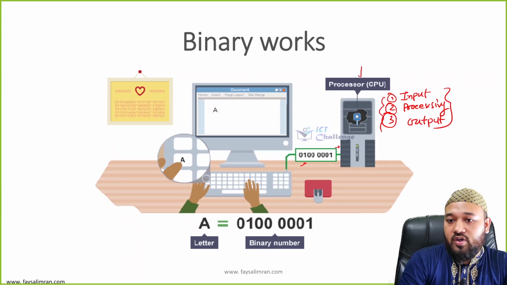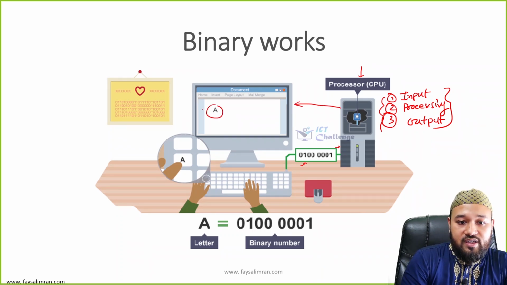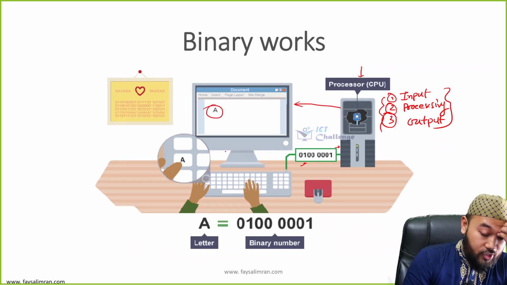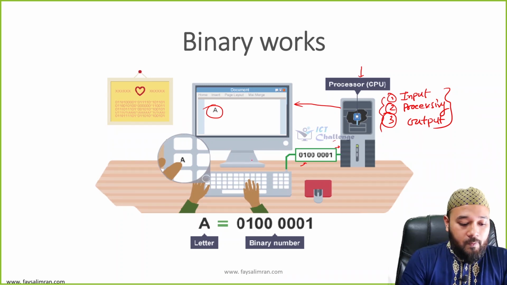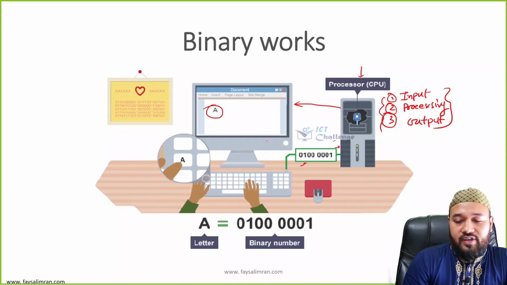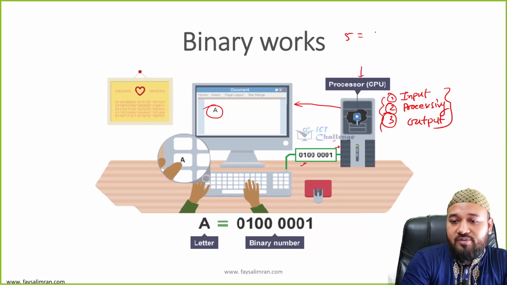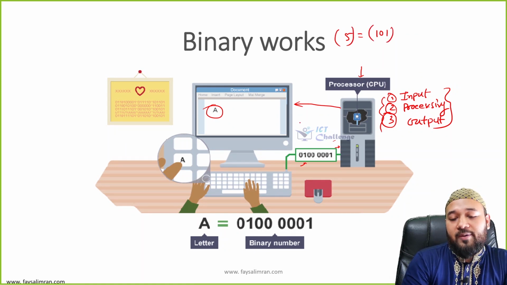CPU means the processor. Then they output this a to a monitor. So input, processing, output is the regular procedure of an electronic device. When we write 5, how does it become 101? That is my question. It is a decimal system, and it is a binary system.